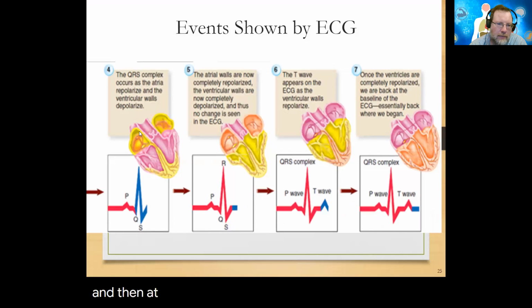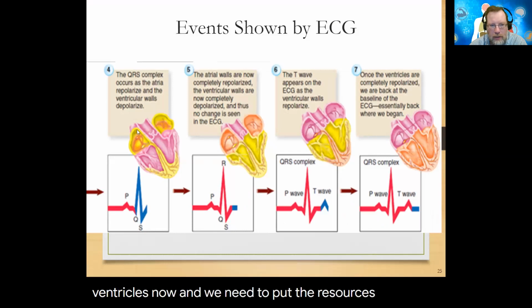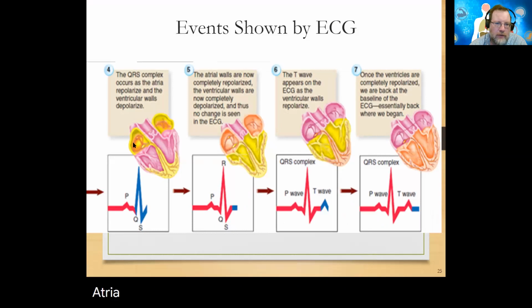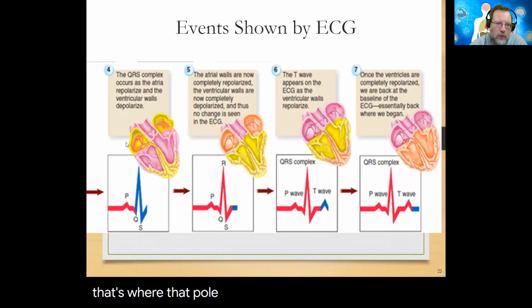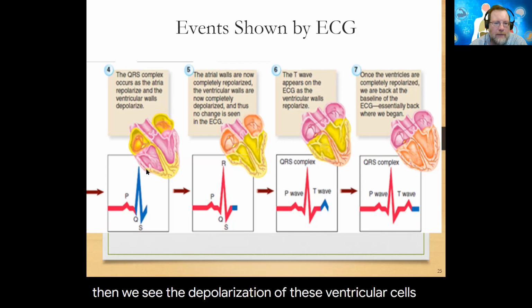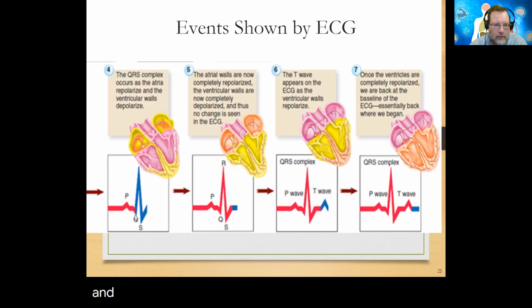And then at that same time, as the blood's filling up the ventricles now, and we need to hit the reset button for the atria. So they've just contracted. They now need to relax. So that's where that repolarization is taking place. And then we see the depolarization of these ventricular cells, and that shows up on the QRS complex.